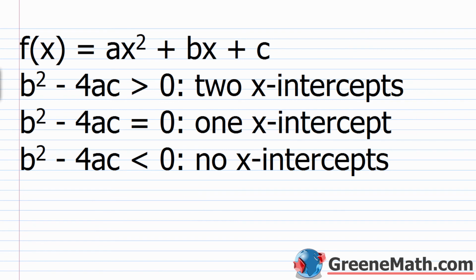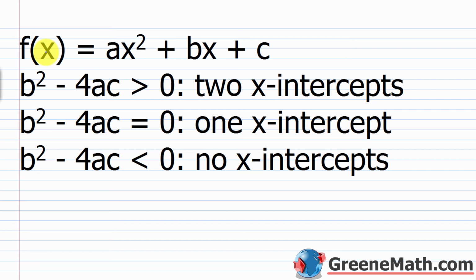So here we have f of x equals ax squared plus bx plus c. If we allow f of x, or y, to be 0, what are we saying? Remember when we talked about linear equations? When y was 0 and we solved for x, we were finding the x-intercept, because it's the point where y is 0, so we cross the x-axis.